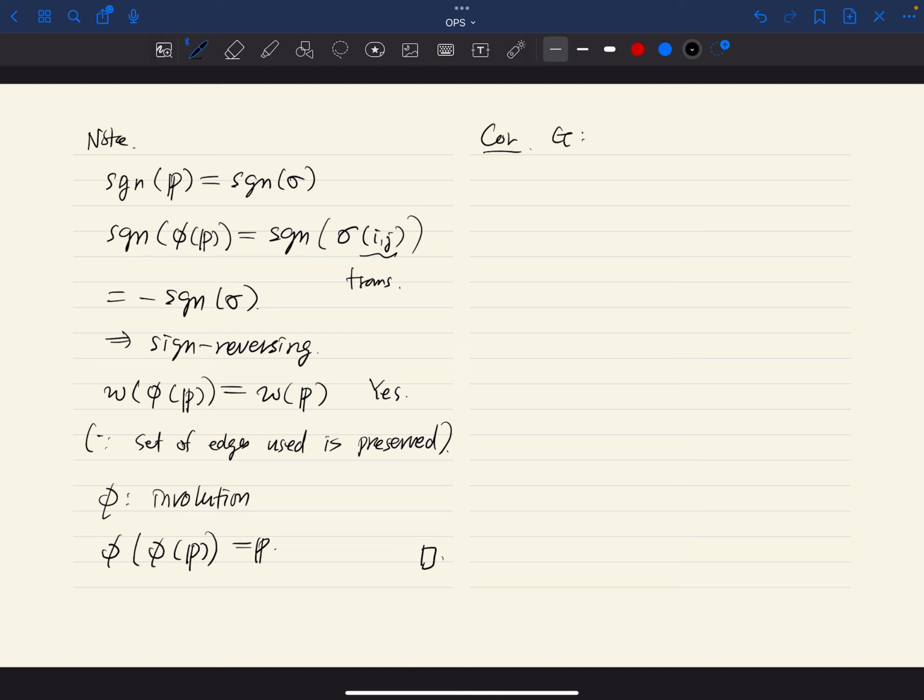G is a directed graph with edge weight W, and A is a sequence of vertices, B is another sequence of vertices, and M is defined the same way.